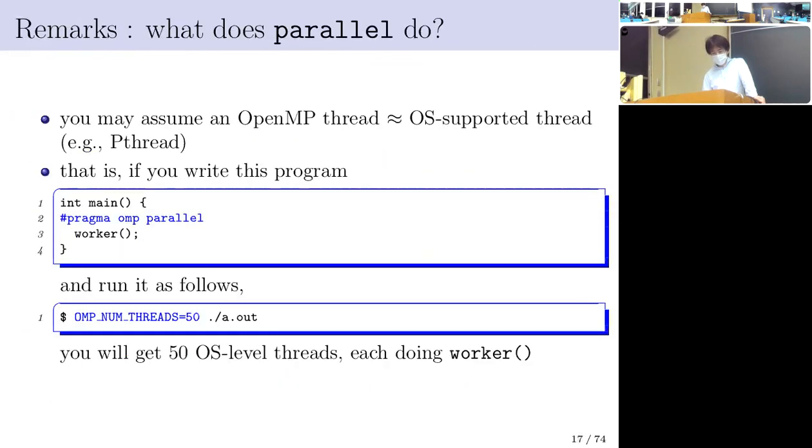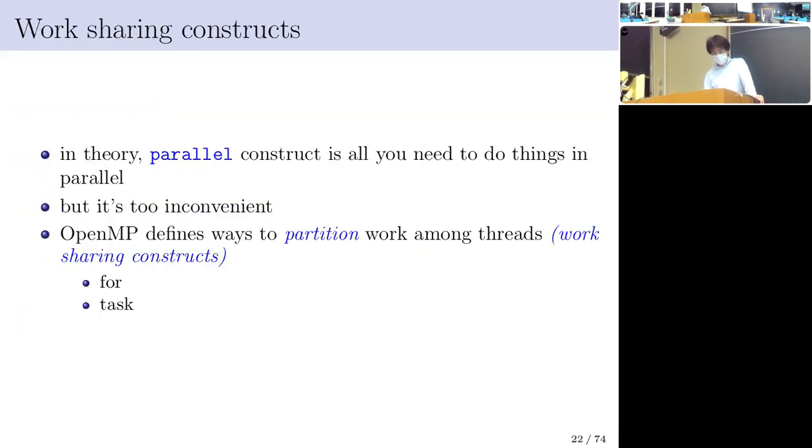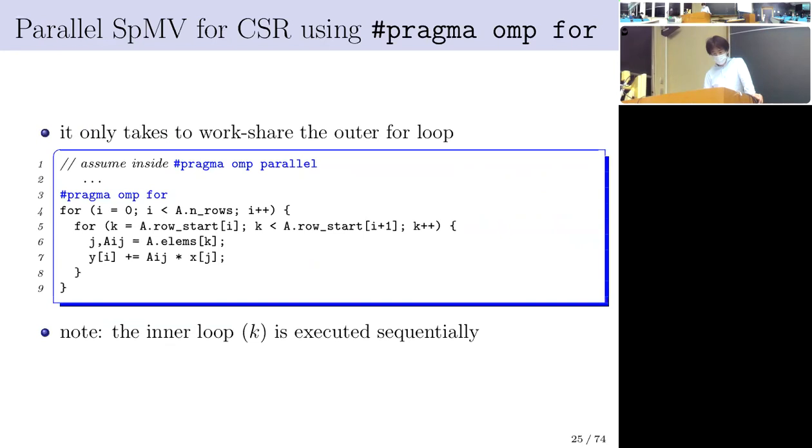The point of this compressed sparse row format is that all non-zero elements of a particular single row are in a consecutive region of the non-zero element array.